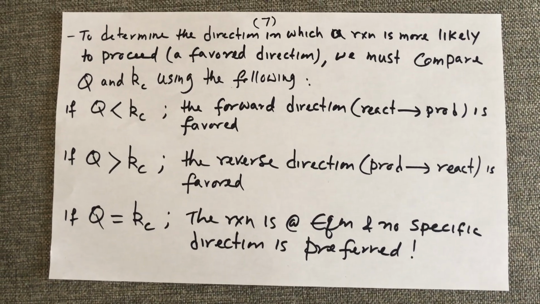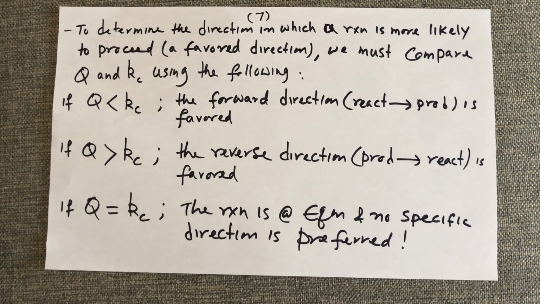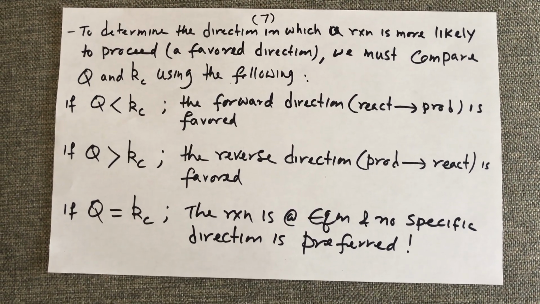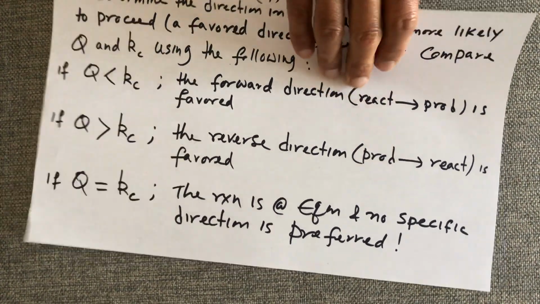And if Q happens to be equal to Kc, then there is no net direction that is favored, and the reaction remains at the point of equilibrium. Okay, so this basically covers the first few sections in the book.